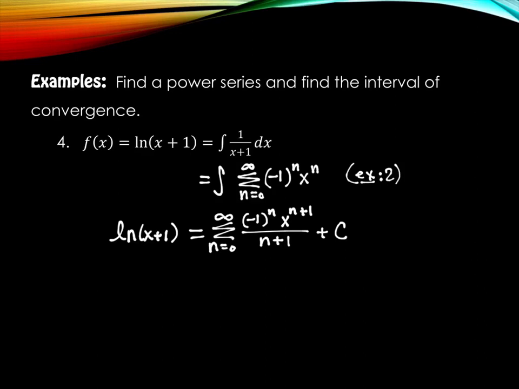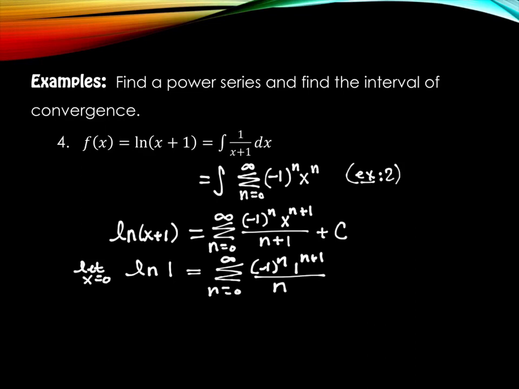So we're going to notice that those two things are equal. And we're going to fix something that's helpful to us. In particular, x equal to 0 is a helpful place to start. We're going to let x equal to 0. So if x is equal to 0, this is the natural log of 1, and it will equal the summation, n equals 0 to infinity of negative 1 to the n, 1 to the n plus 1 over n plus 1, plus c.